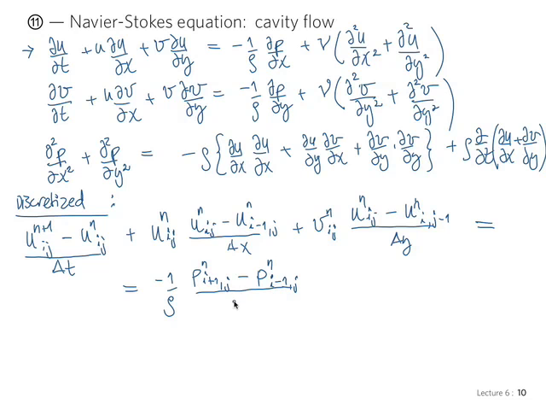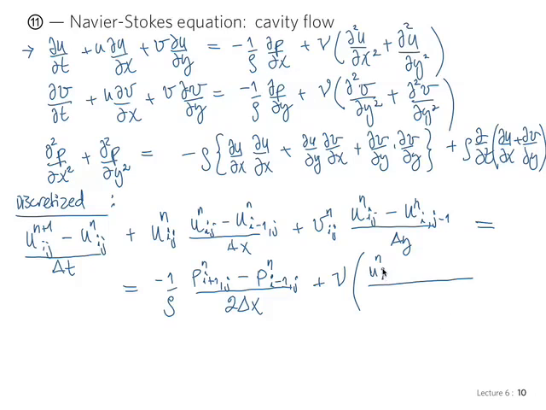So this is taking 1 point from each side of i,j, so we divide by 2 delta x, plus our viscous term. And so for our viscous term, we use the usual discretization for the Laplacian, which we've done before.